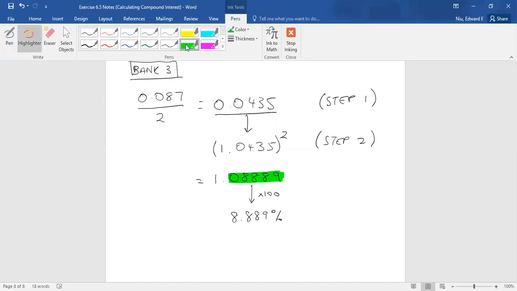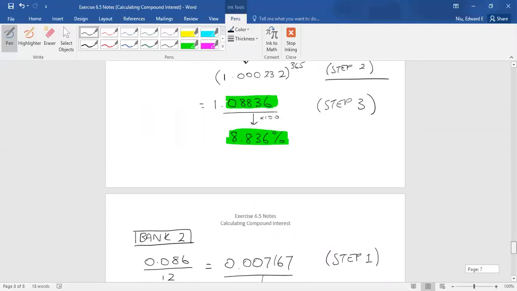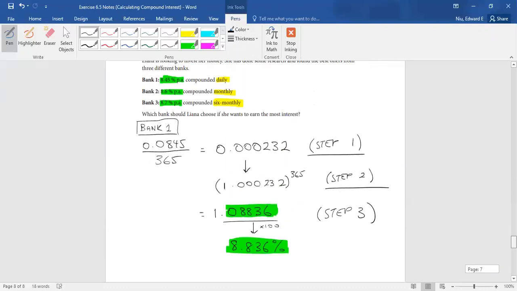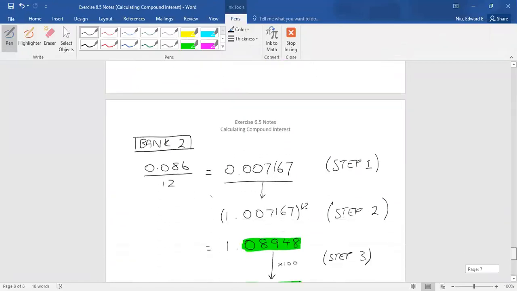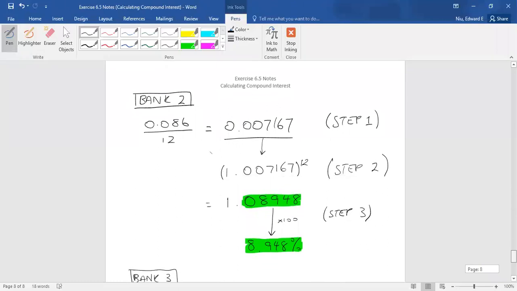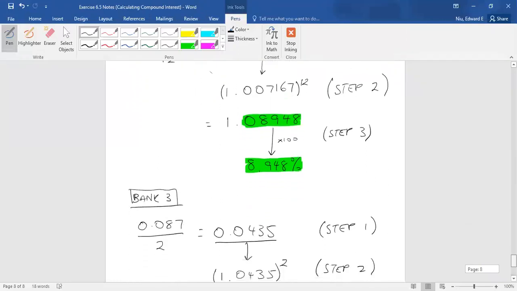And so, which one's the highest or the best option? Let's find out. Once I write down step 3. Bank 1 is 8.836. Bank 2 is 8.948. So bank 2 is higher.